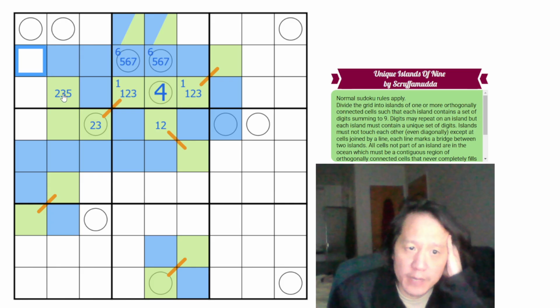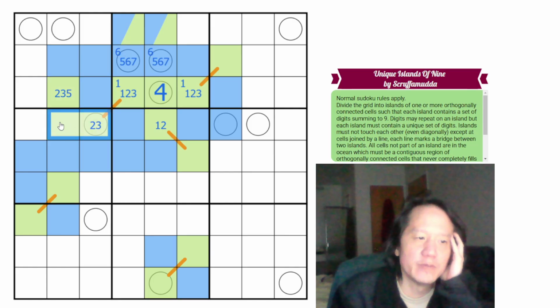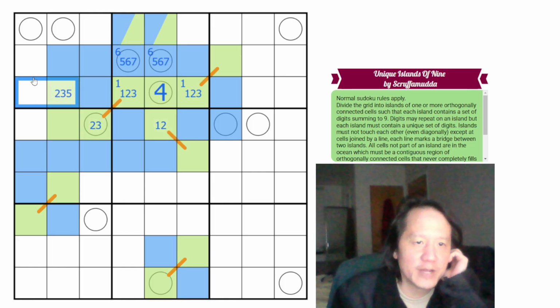This cannot be an island unless, well, it could be those 3. Okay, so say it was these 3. What's the minimum here? This would have to be 1, 2, and 3. That's the case, minimum. So that would add up to 6. This would be minimum 1 and 3, because it can never be 1 and 2, because that would eliminate all possibilities for that cell. So this would be 4 at minimum and 6 at minimum if it extended to here.